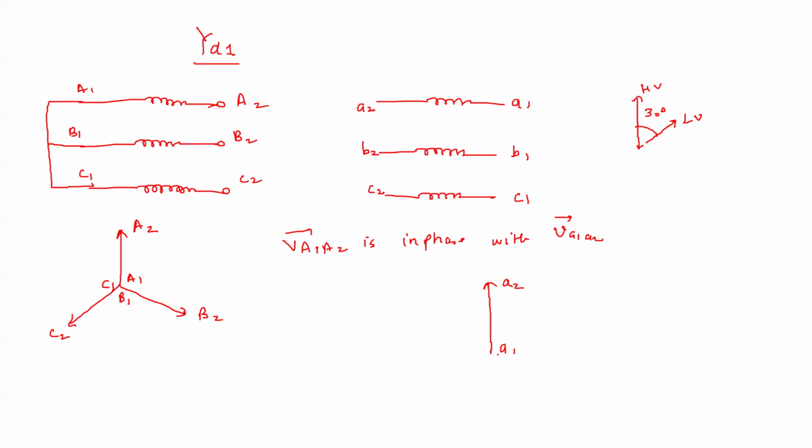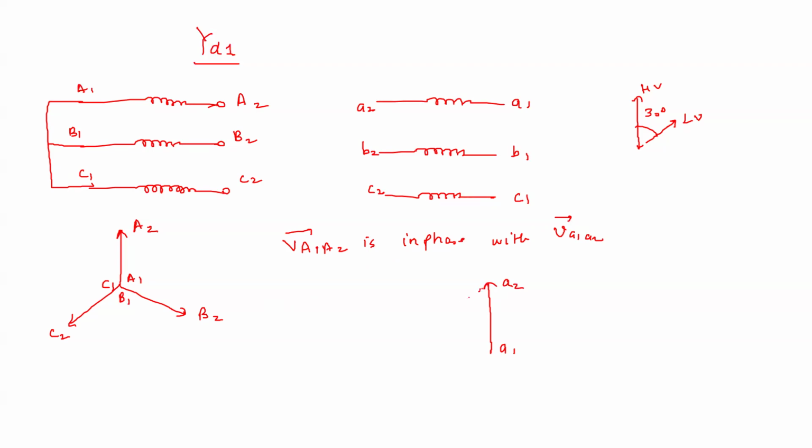Because I have drawn it in this way, whatever phasor there will be, I will be seeing the LV side phasor, right? It will be pointed at A2. So it will be either pointed like this or like this.